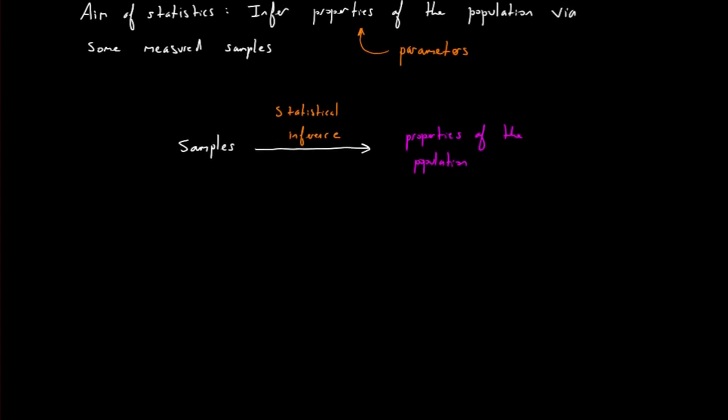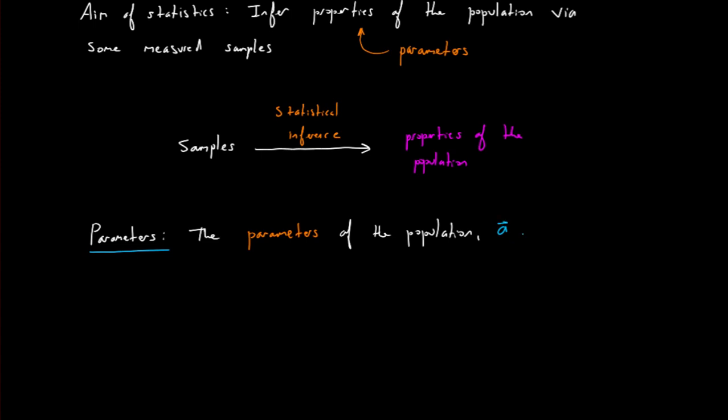So let's carefully say what we mean by parameters. The parameters of the population, and again this is some kind of vector because there could be more than one.